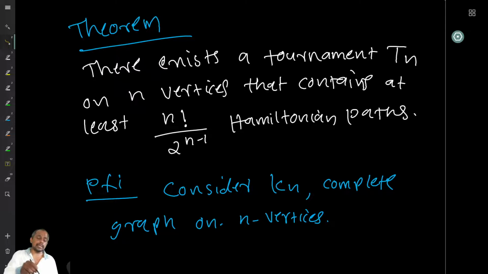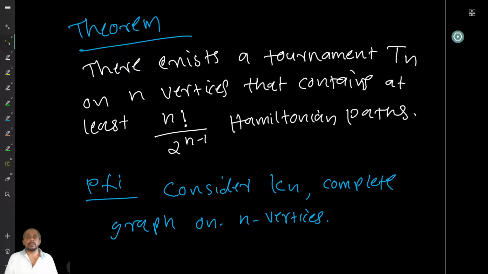See, if n is large, n factorial is very, very large, and 2 raised to n minus 1 is much, much smaller. So n factorial by 2 raised to n minus 1 is an extremely large number. So we are saying that there is some tournament where the number of different Hamiltonian paths is very, very large.